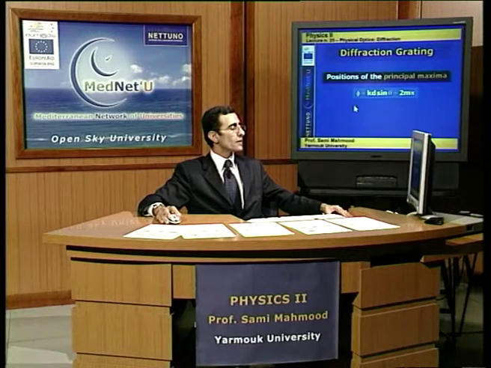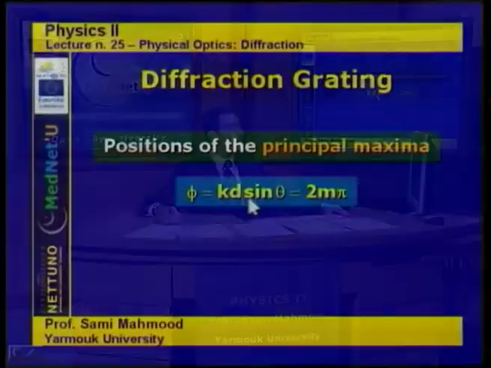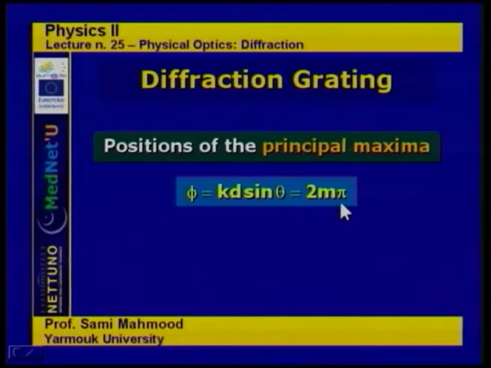Now, the positions of the principal maxima are obtained by phi equals kd sine theta equals 2m pi. These are the positions of the principal maxima.